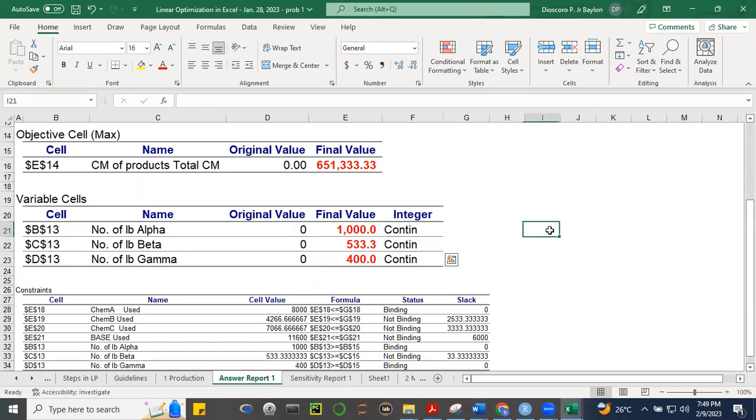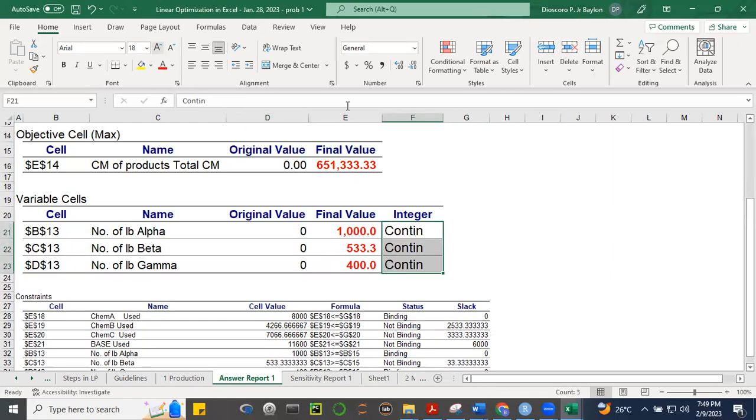And Cont here means continuous variable, which means it can take a decimal place. That's the second portion here.